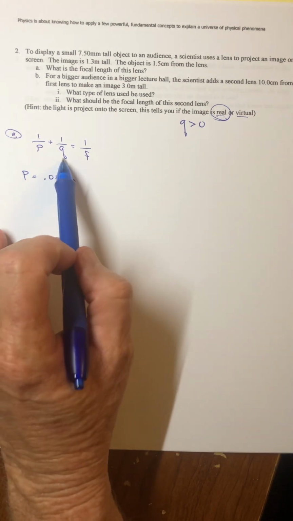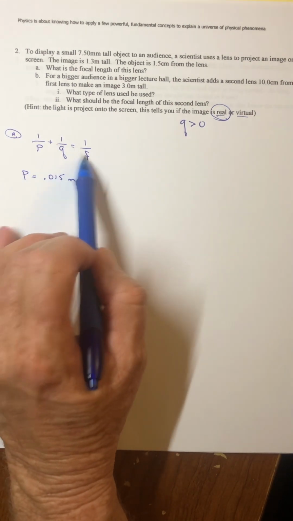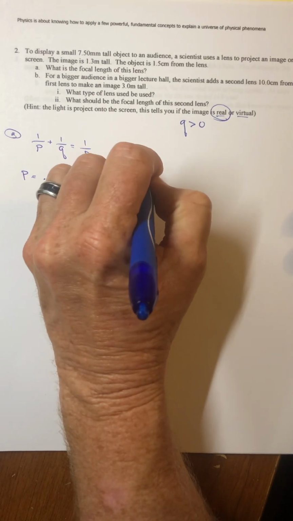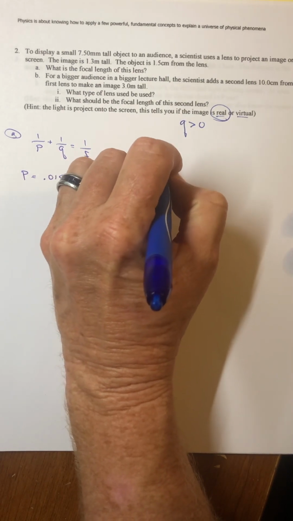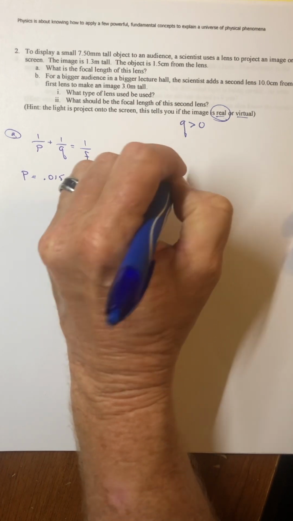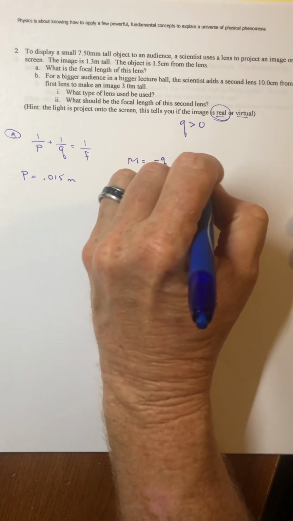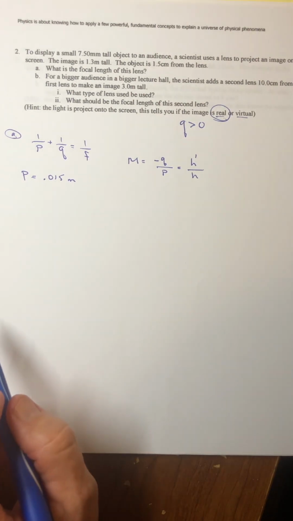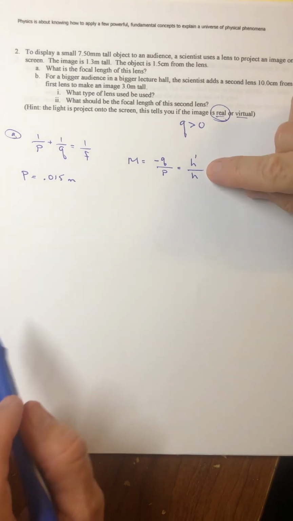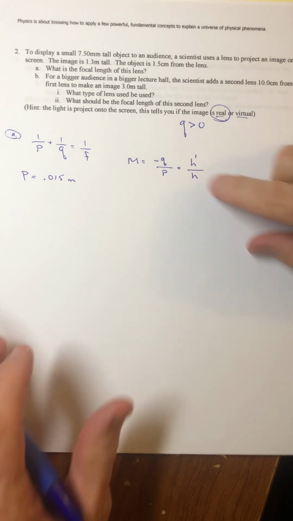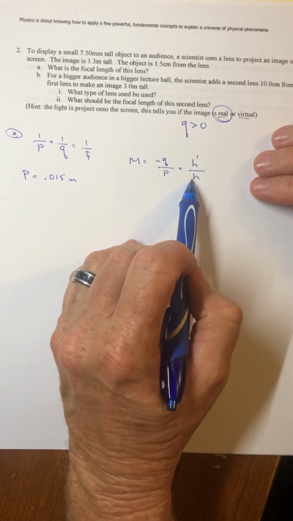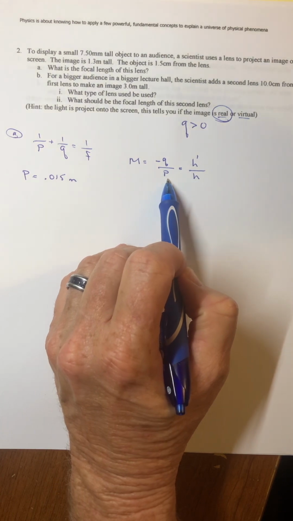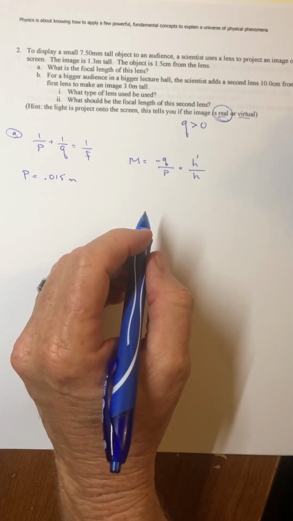Sadly, though, they did not tell me Q directly. But the other important equation is that the magnification, which is minus Q over P, is also equal to the height of the image over the height of the object. Okay. So if I know the object height, the image height, and the object position, which I do, then I can find Q.